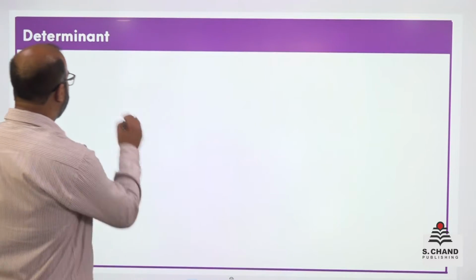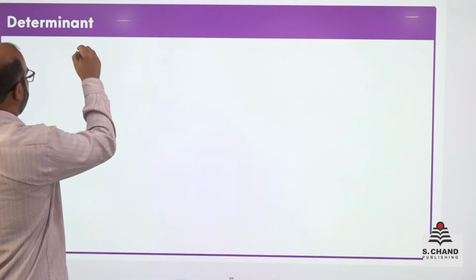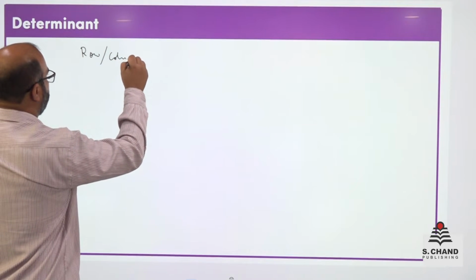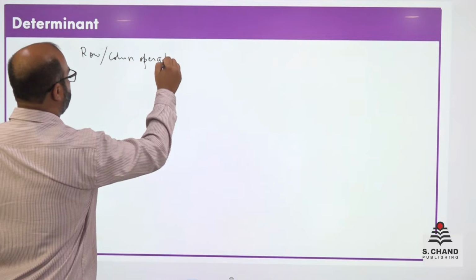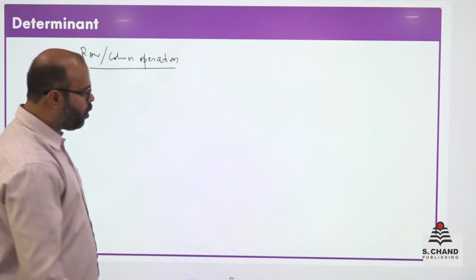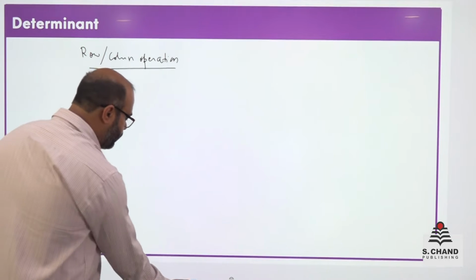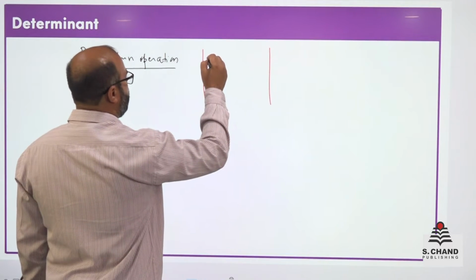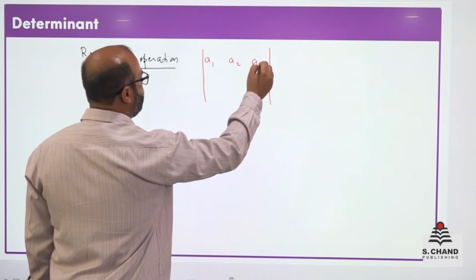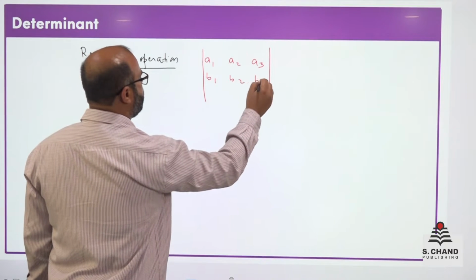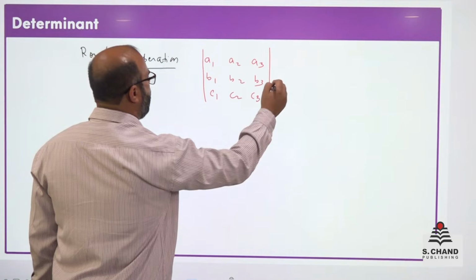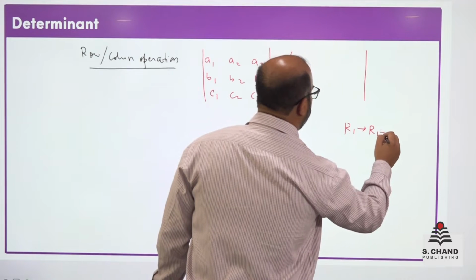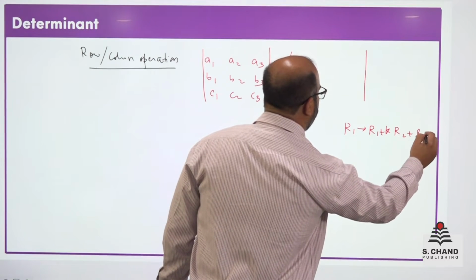Next important property is row or column operation. So when we do a row or column operation, what happens? For example, a1, a2, a3, b1, b2, b3, c1, c2, c3 is given, and we write row 1 as row 1 plus k times row 2 plus l times row 3.